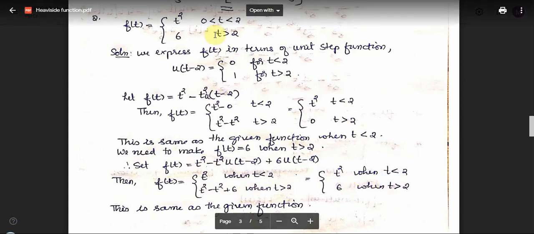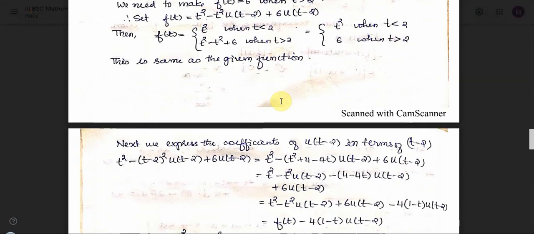It is going to give me the same function as the given function. Now once it is expressed in terms of unit step function, wherever unit step function comes, if there is a function along with that, the coefficient should be in terms of t minus 2. There is no unit function here, therefore t square can remain as it is. Here there is a unit function, therefore t must be made t minus 2. Here there is a number which I can take the transform of directly.